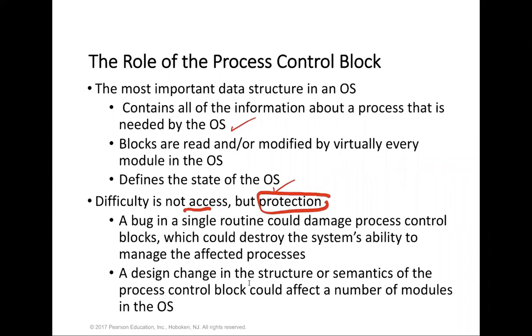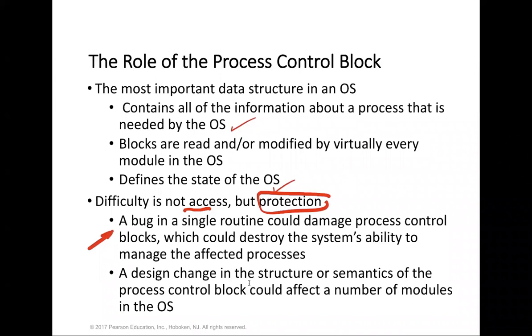Two problems might present themselves at this point. If there is a bug in a single routine, such as an interrupt handler, this could damage the process control block, which consequently will destroy the system's ability to manage the affected process. How could you protect this?